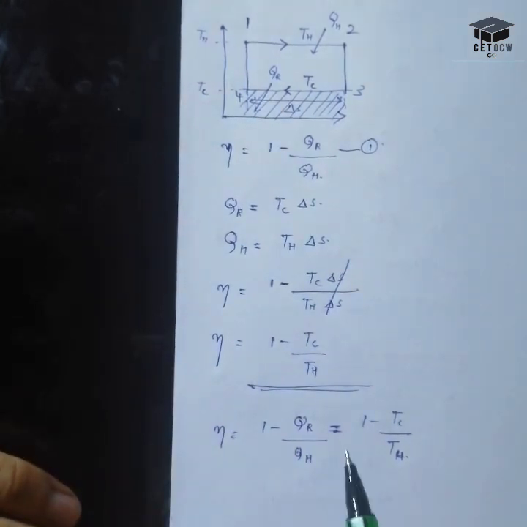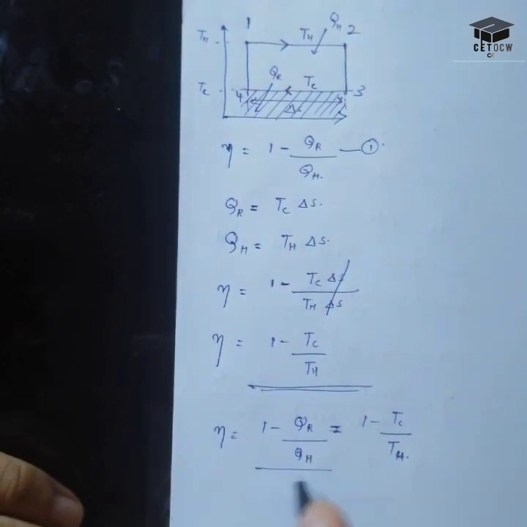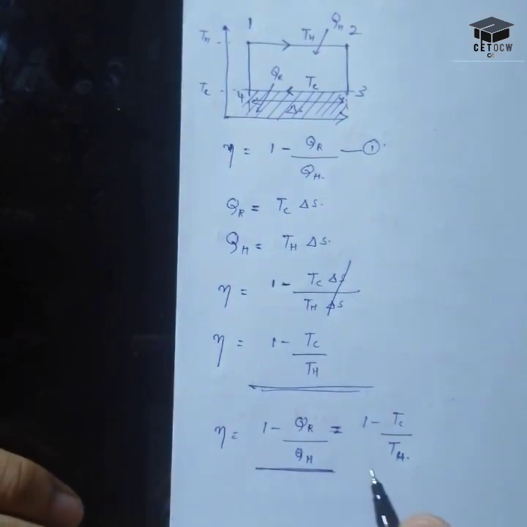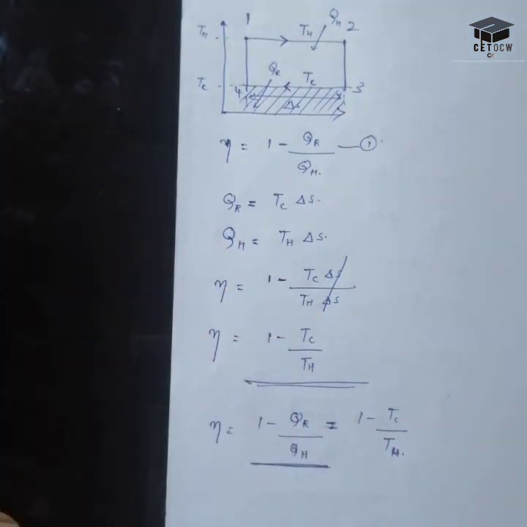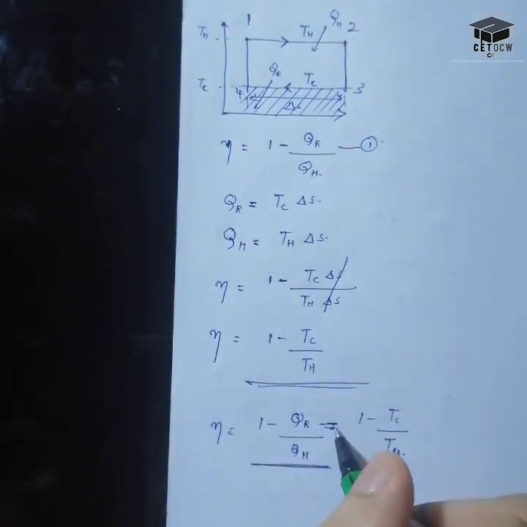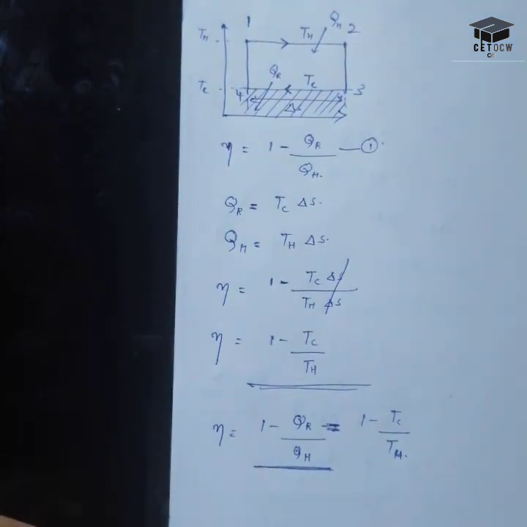We know the basic equation for the efficiency is this. This can be used whenever the process is reversible or irreversible, no problem. But this equality is only satisfied when the process is reversible. Otherwise we cannot equate this.